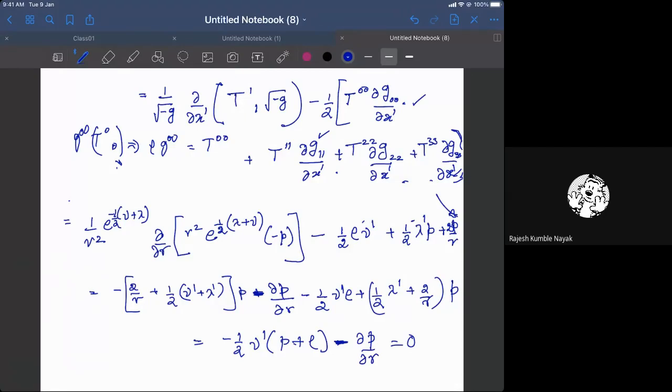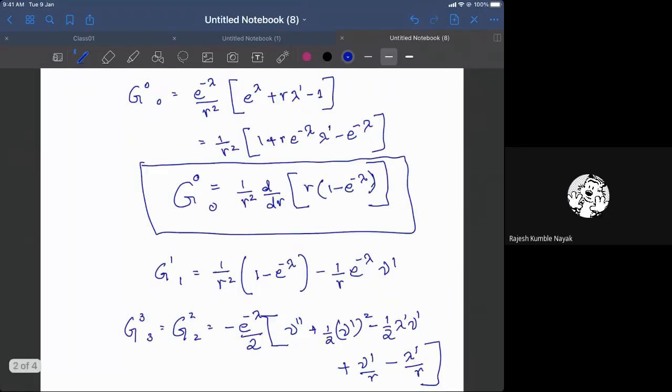And then we combine this equation with the Einstein's equation, and then we try to solve them. Is it done? Yes. Okay. So let us get all the Einstein's equations together.